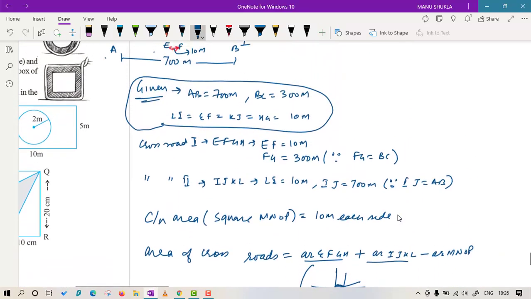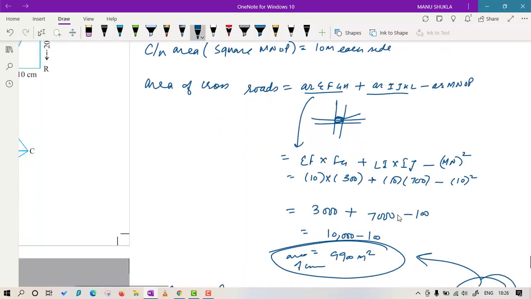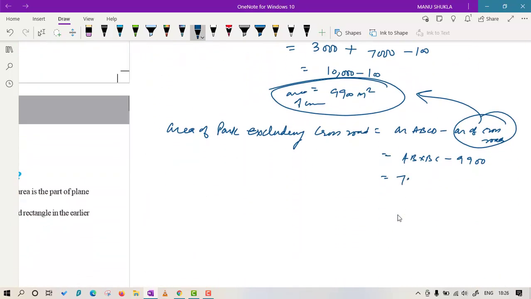So let me write 700 into 300 minus 9900. It will give us 7 3s are 21, 0000 minus 9900. Subtract it, 0 0, 10 minus 9 is 1, 9 minus 9 is 0. Then this one is gone, I think. It is gone, and we are left with this thing.